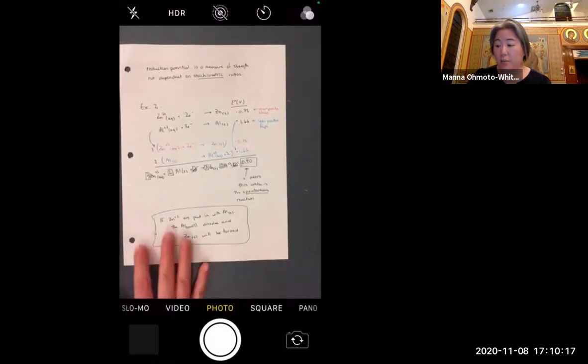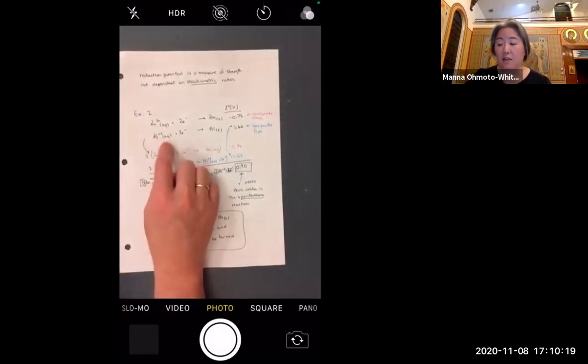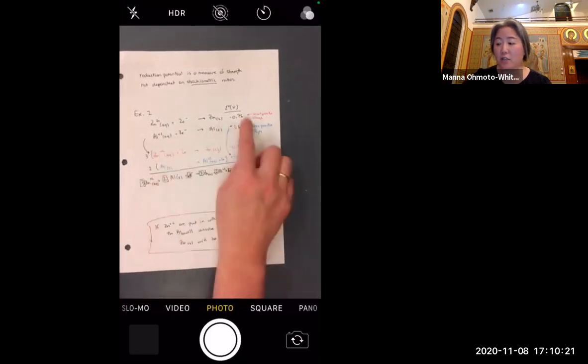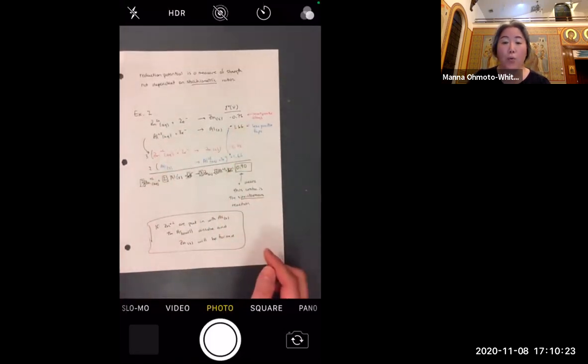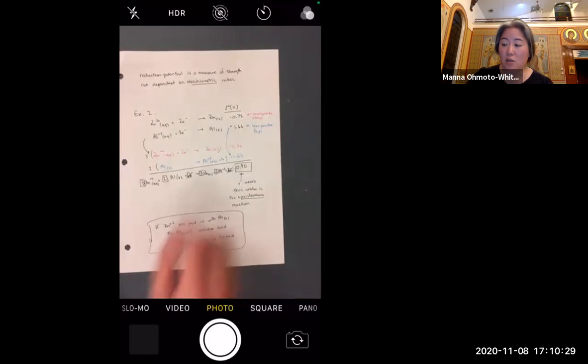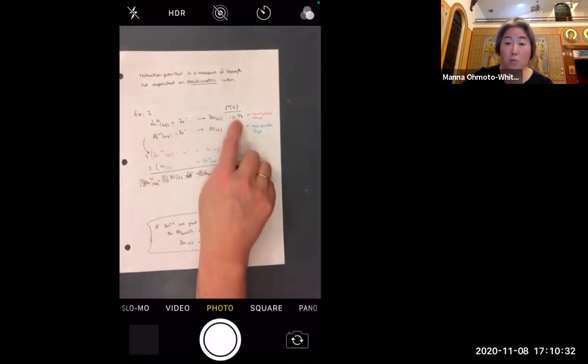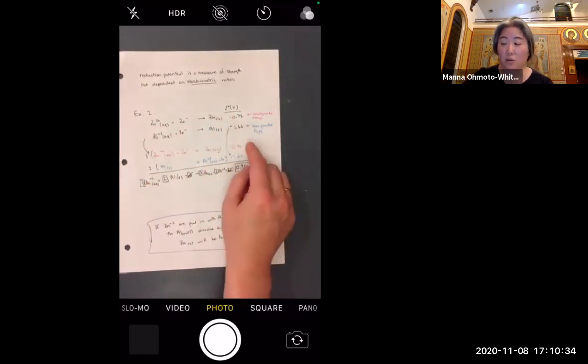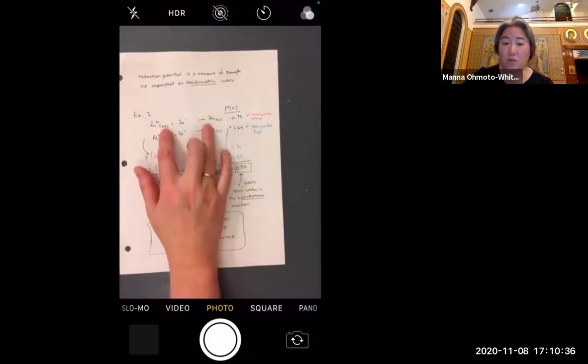Here's another example. I have zinc and I have aluminum ions, and these are their reduction potentials. They're both negative. Still, the more positive potential predominates. So because the zinc reduction potential is more positive, it's closer to 0, it's going to be the reduction reaction.